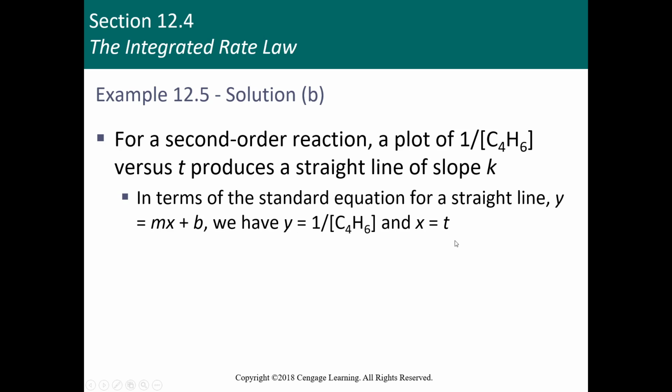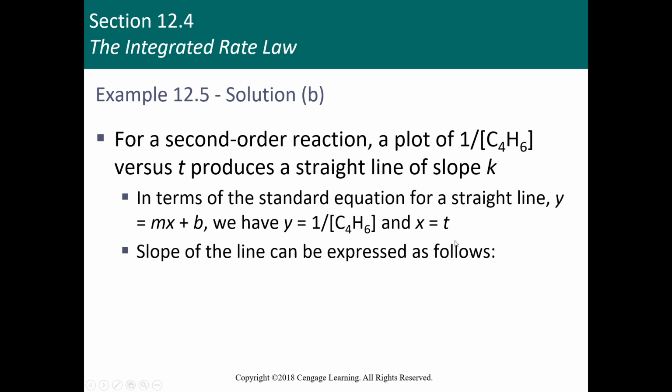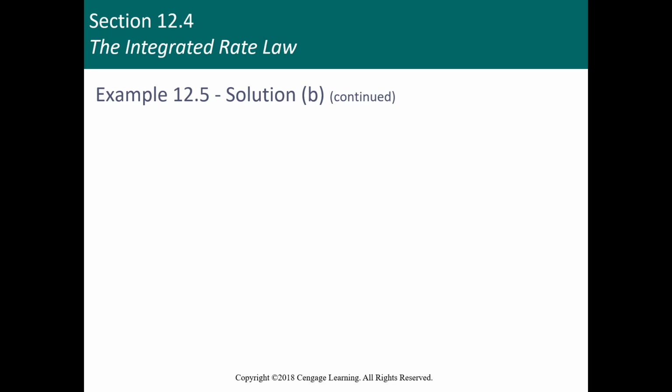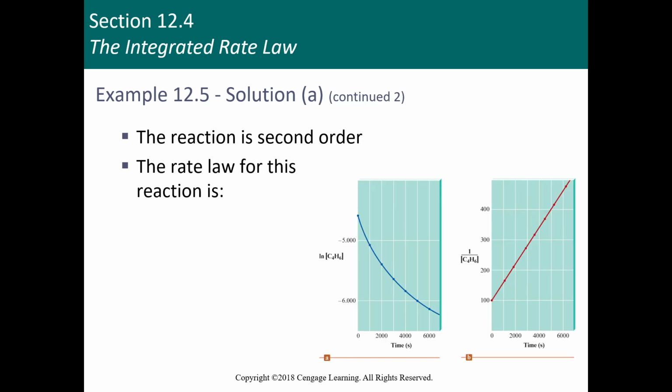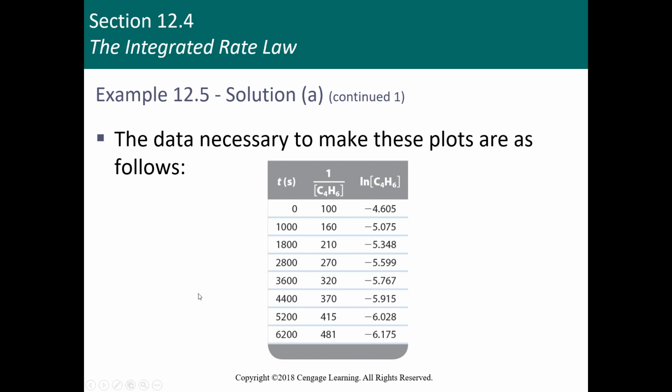So we take the plot. The slope of the line can then be expressed as so, where the slope equals the change in y, which is that 1 over concentration. So all we have to do is take the difference between the two of these values over the difference in time, and that will give you your slope. So again, right here we have these values.